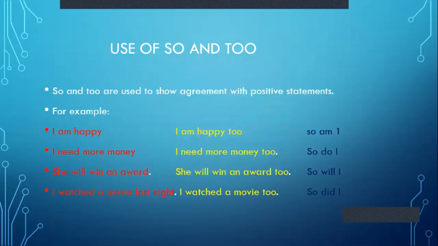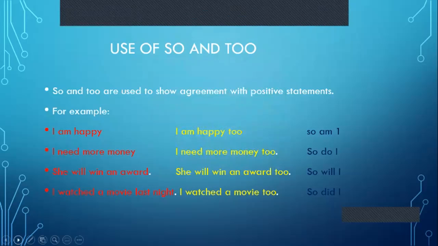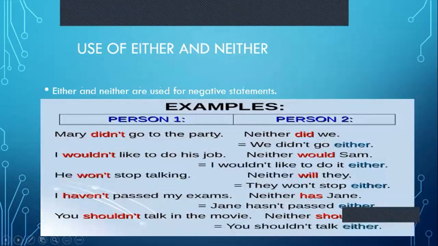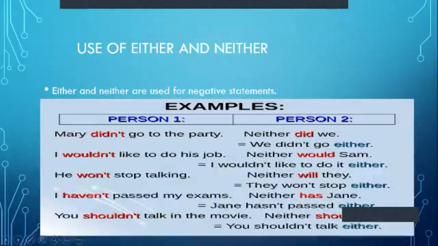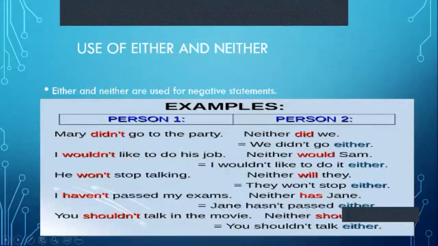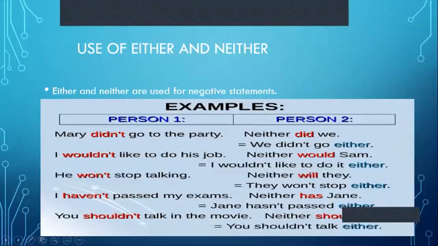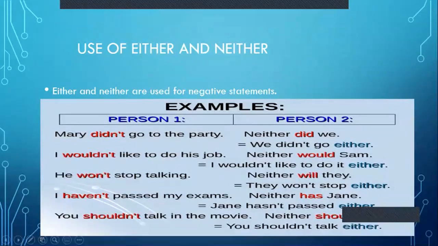Okay, students. So let's move on to the next slide and see how to use "either" and "neither," okay? As you see over here, either and neither are used for negative statements. The sentence should have something which shows negativity. As you see in the sentences here, Mary didn't go to the party. So "didn't" is the word which shows that the statement is negative. I wouldn't like to do his job.